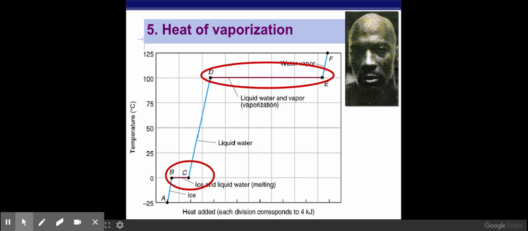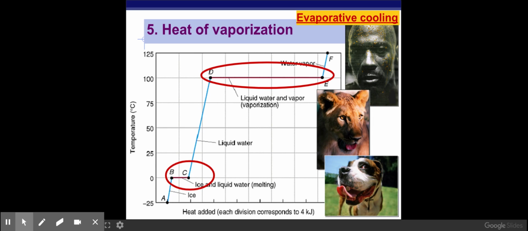One of the reasons that you sweat is to lower your body temperature. As that sweat evaporates off, it removes some energy and you cool down. It's called evaporative cooling. You'll also see animals that pant. That's another way to achieve that evaporative cooling from their tongue.